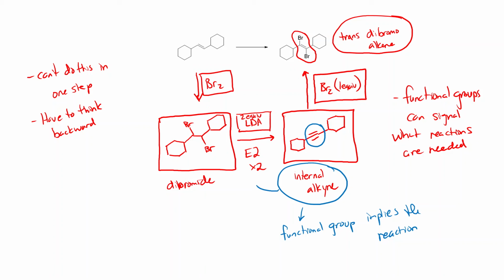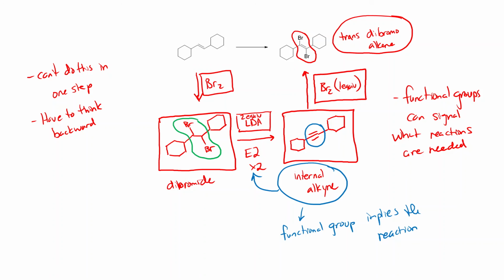This leads me to the E2 elimination. And once I know that it's an E2 elimination, or once I guess, right, that it's an E2 elimination, then I know I need a strong base and I need some leaving groups. And so this functional group determines the next functional group that I'm going to use. So now I'm using this dibromide, right?